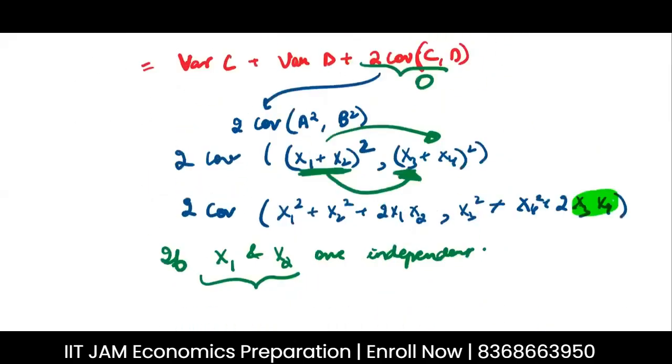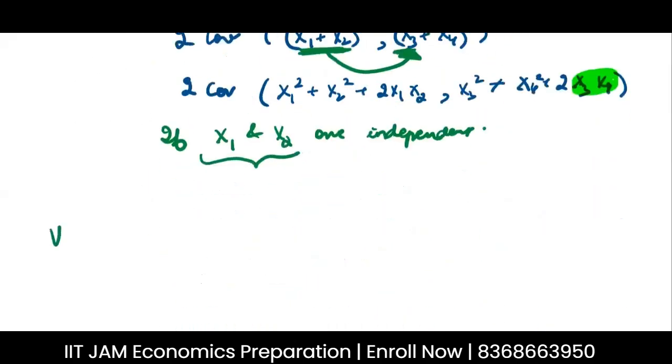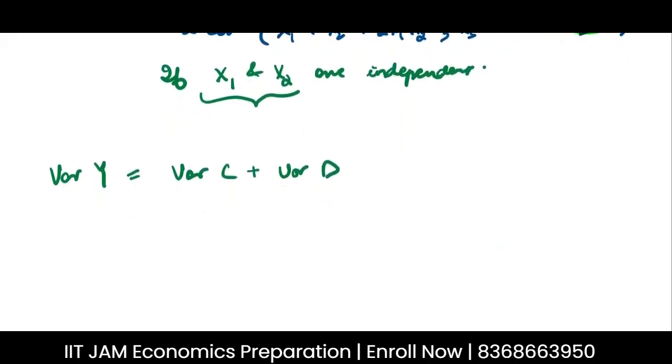So what you will be left with is that the variance of Y will be nothing but the variance of C plus the variance of D. Now, how do we find variance?